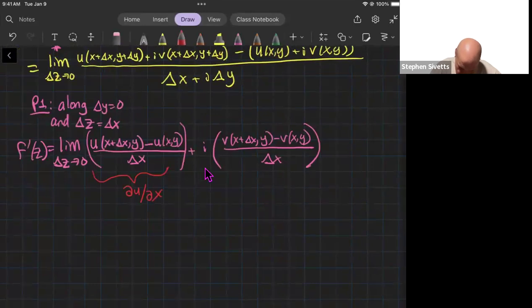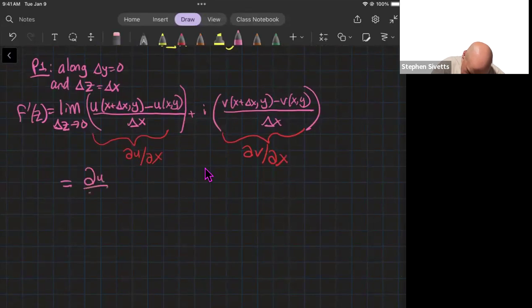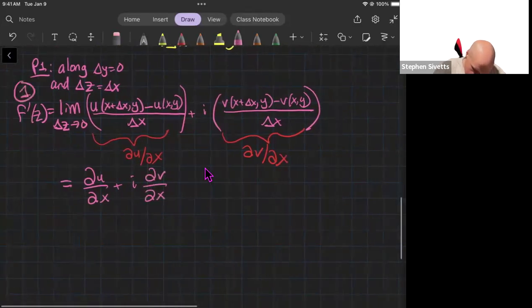And this limit right here is the partial of v with respect to x. So therefore, this quantity equals the partial of u with respect to x plus i times the partial of v with respect to x. This is the first path.